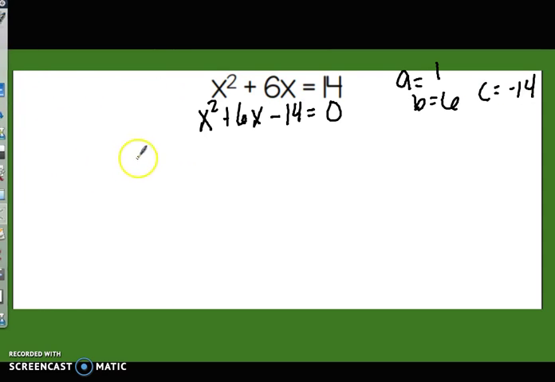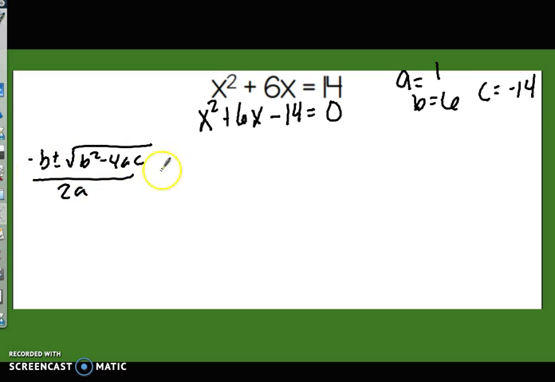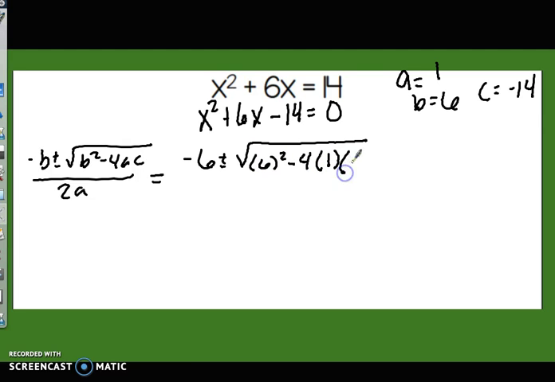So, negative b plus or minus the square root of b squared minus 4ac all over 2a. So negative b, negative 6 plus or minus the square root of 6 squared minus 4 times 1 times negative 14, all over 2 times 1.